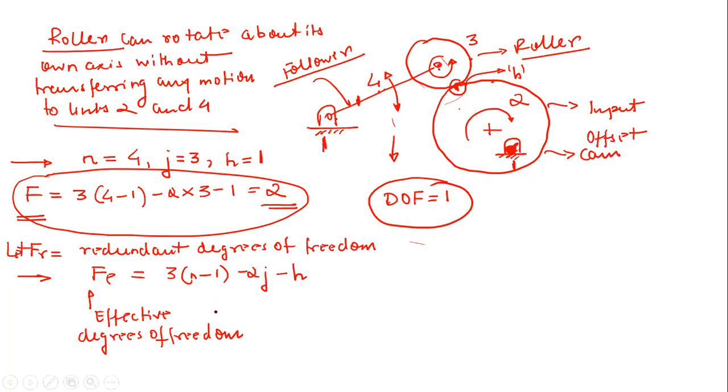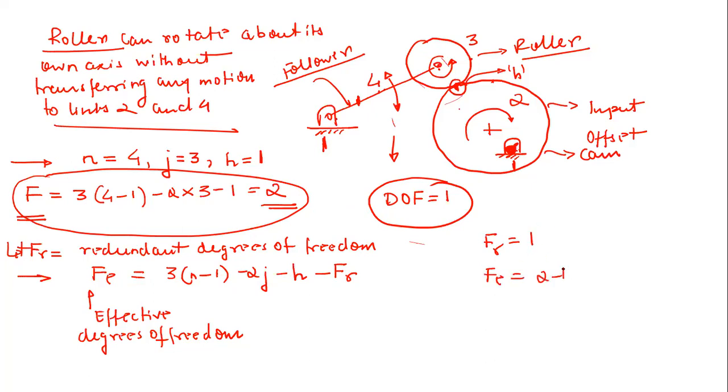So just tell me, shall I add Fr here or shall I subtract Fr here? Subtract. So very obvious, now you need to subtract Fr here, right? So now if in the previous mechanism we apply this formula, Fr is equal to 1. So already the degree of freedom F we calculated as 2. So it will be simply Fe is equal to, right?